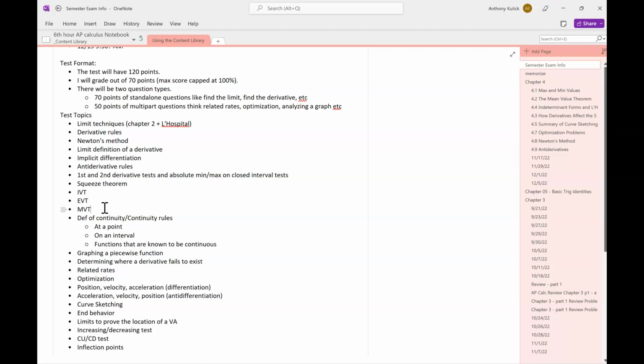You should know the conditions that you need to have to use these things. So if I give you a problem like that, you can figure out, okay, why couldn't we use this? You do need to know it well enough that if I try to trick you by using it improperly, you're able to tell that, oh yeah, this doesn't work here because that function's not continuous or whatever.